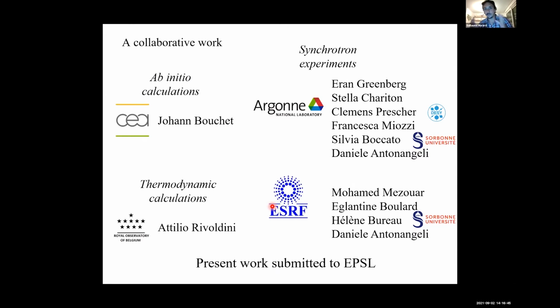The experimental part was done with the help of people at APS, Argonne National Lab, on the GSECARS beamline, Aaron Greenberg, Stella Sheraton and other collaborators, and partially at the ESRF on the high pressure beamline. We also mixed in some ab initio calculations performed by Johan Boucher from the CEA, and thermodynamic calculations by Tilly Rivaldi were quite useful to interpret our data. This work is submitted to EPSL.